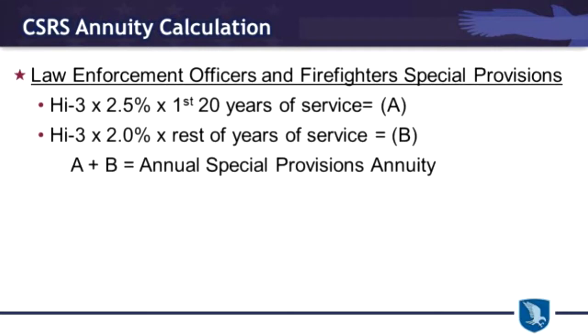Their first 20 years of service has a multiple of 2.5. The rest of their years of service above 20 years is a high 3 times 2%. Adding these together, the annual special provisions annuity is secured. Again, if you like to work on a monthly mindset, divide that number by 12 for your monthly pension.